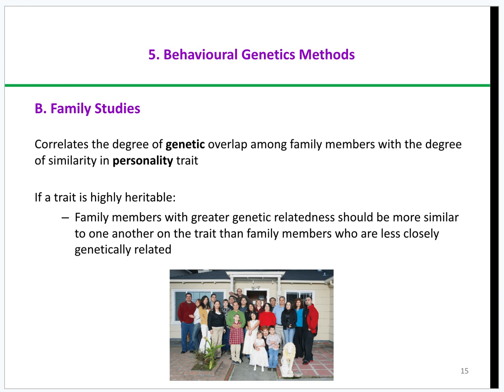We study the interaction of environment and genetics through family studies, adoption studies, and twin studies. Family studies correlate the degree of genetic overlap among family members with the degree of similarity in a personality trait. Within a family, we know how many genes people have in common.